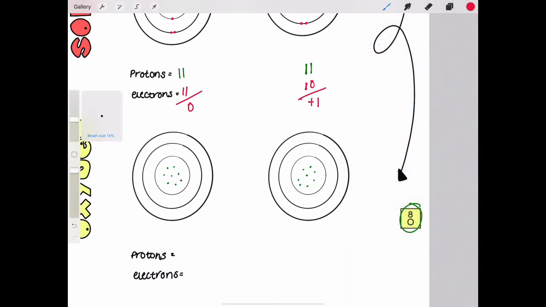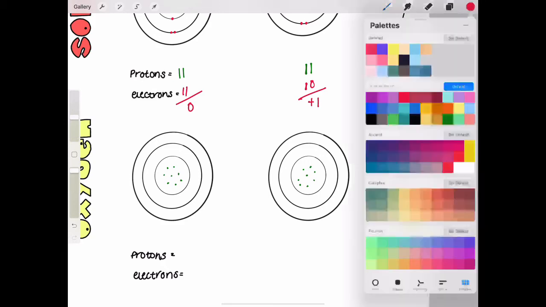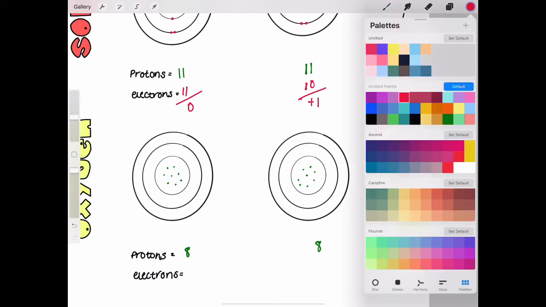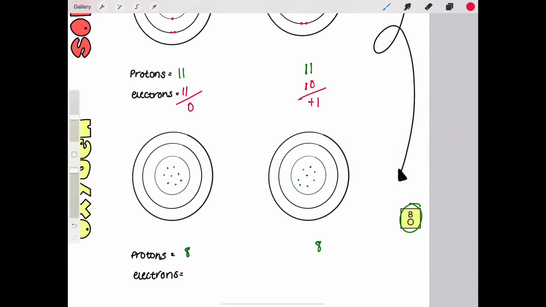Okay, so then if we go in to add in our electrons, I never wrote in the protons. Okay, so we've got our 8 protons for oxygen. And then if we go in and add in the electrons, we'll have 1, 2, 3, 4, 5, 6, 7, 8. So that then leaves us with these 2 electrons that aren't in a pair.